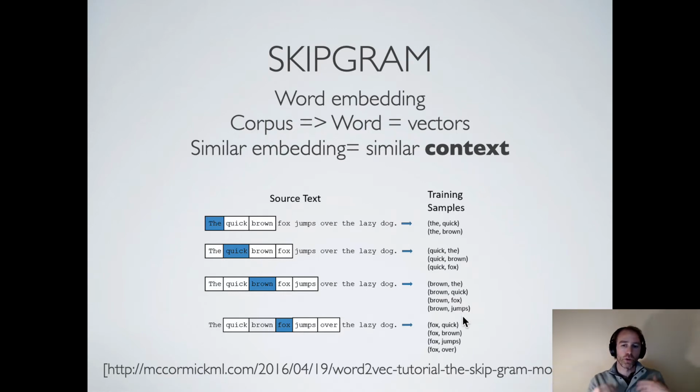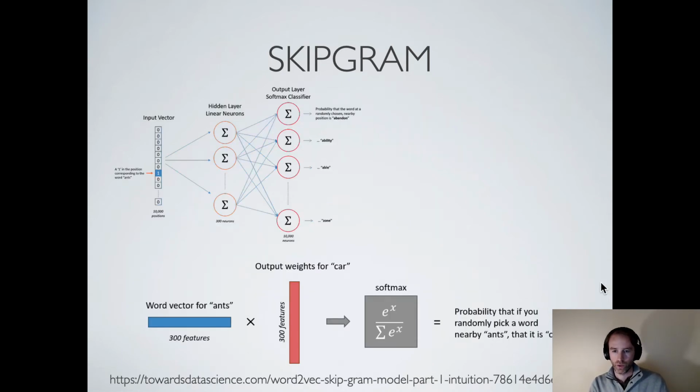So obviously the objective is not to train a model that will answer what the context is, but to tell you the probability for each word that it is in the context of the word. The objective is to get the probability that if you randomly pick a word nearby your target word, it is that word in the context.